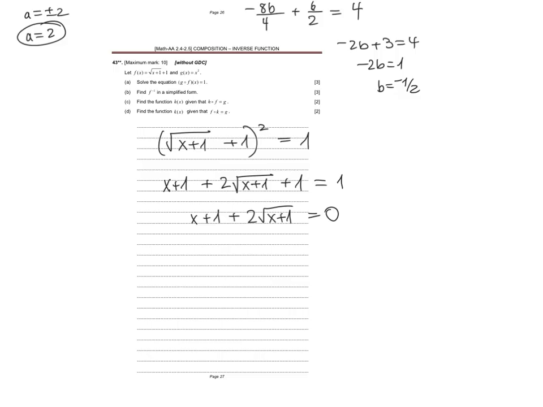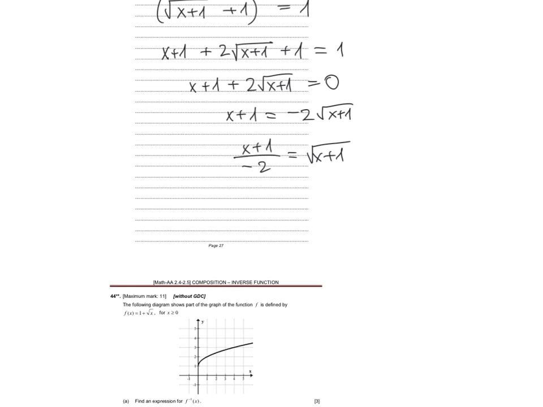And then if we subtract, negative 2 root x plus 1, and then divide by negative 2 and square both sides.